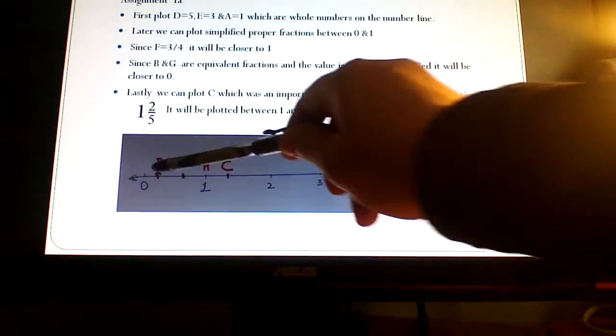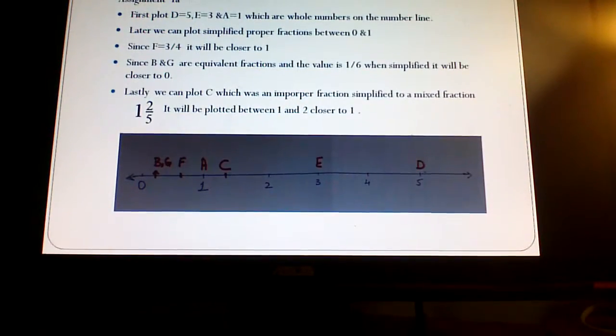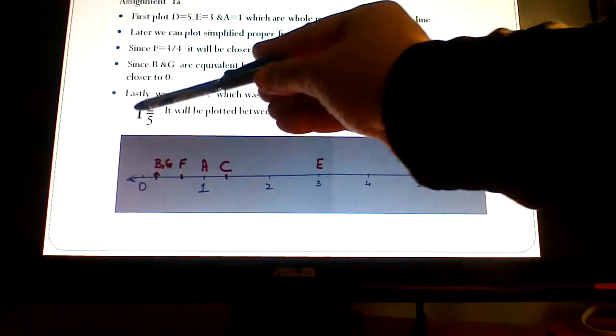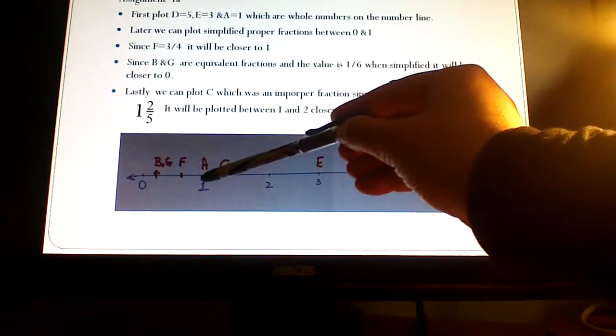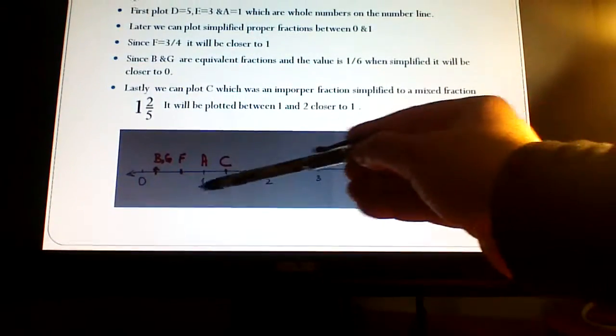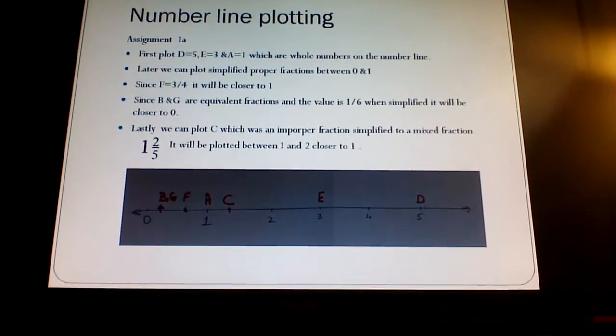Whereas B and G, having a value of 1 by 6, is closer to 0 and between 0 and 1. Coming to the next fraction C, which had a value of more than 1, it will be more than 1 but less than 2, because it is 1 and then a fraction of 2 by 5, closer to 1. This is how we plotted the number line.